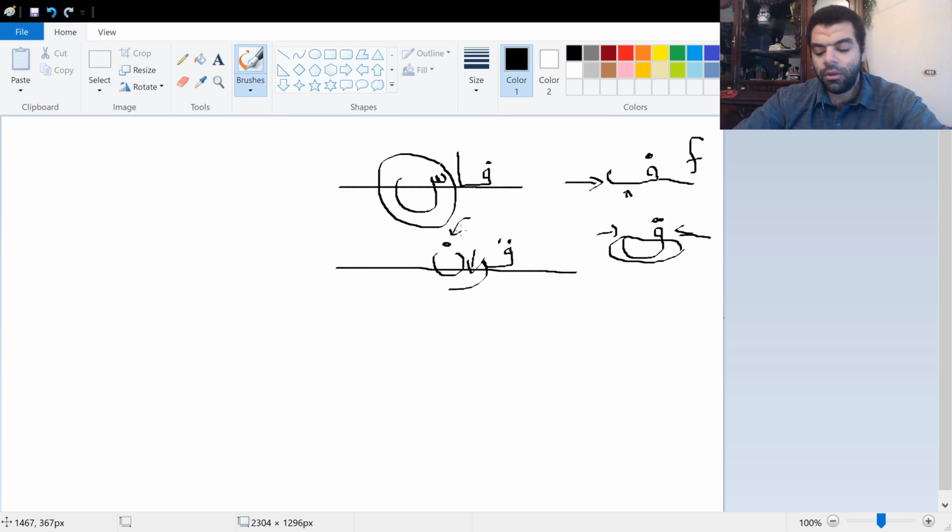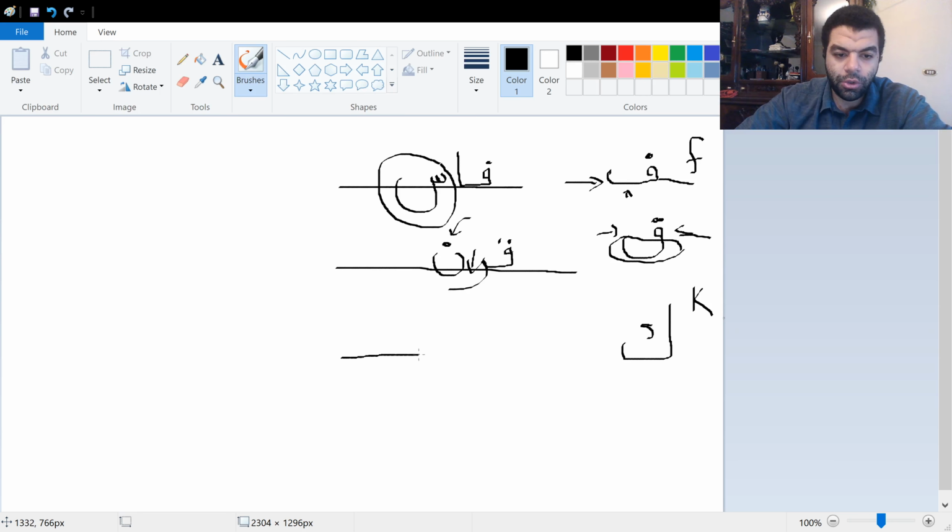And then we have another letter. This one can be a little bit tricky. Okay, let's write it first. There. It looks like this. And then we have this shape in there. Okay, this one is kaf. Okay, it's like K exactly. Kaf. But this letter looks different in every single position.